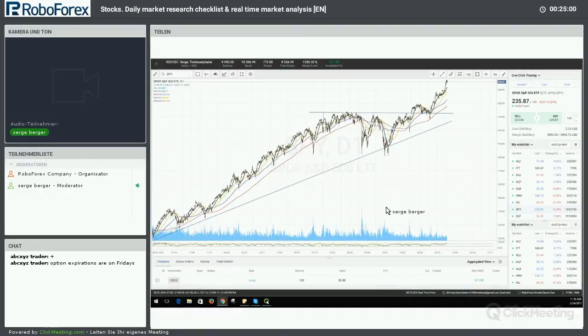If the broad stock market were to correct, let's say, a few percent, then you could be very certain that most of the stocks will also go down. Like 8 out of 10 stocks will likely also go down. That's an important point here.